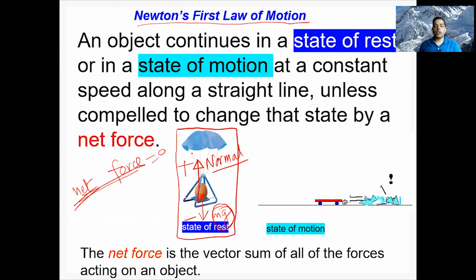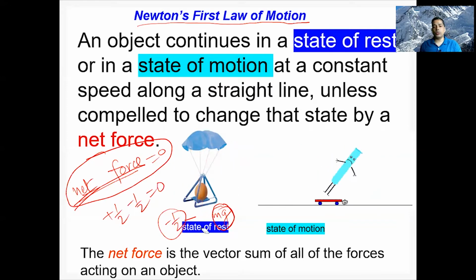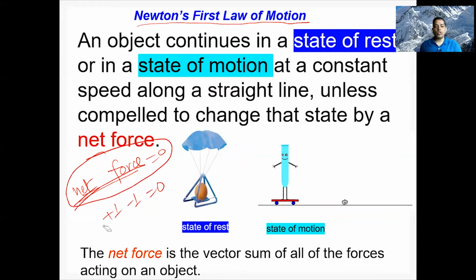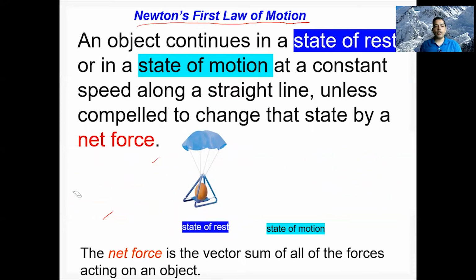If this is half kg, this is minus half kg. Plus half minus half is 0, so net force is 0. Since net force is 0, this guy does not move. That's what Newton's first law of motion tells us: if the net force is 0, the object which is at rest remains at rest.